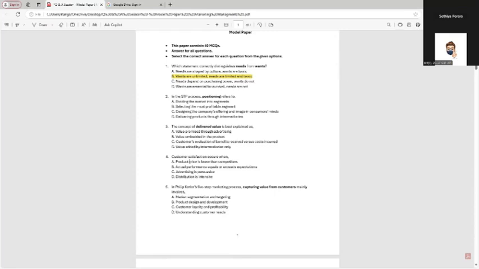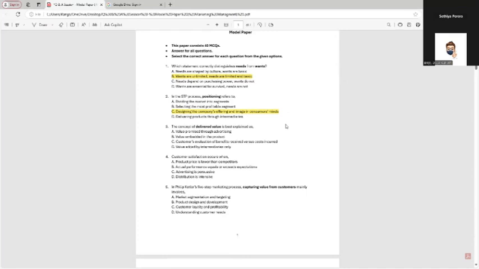The answer is number 3. Let me highlight the answer. The answer is C: designing the company's offering and image in consumers' minds.